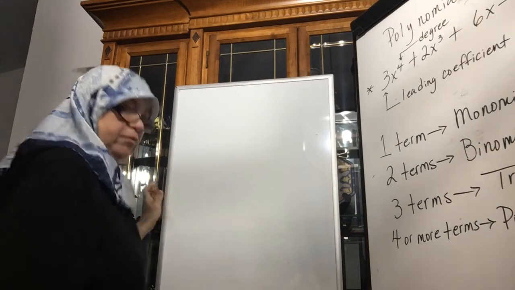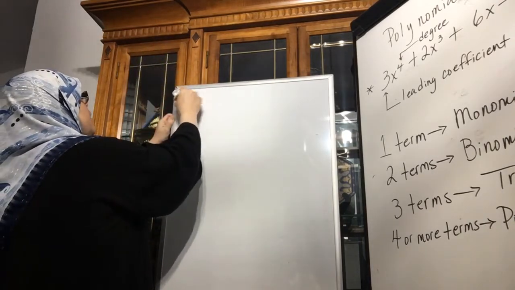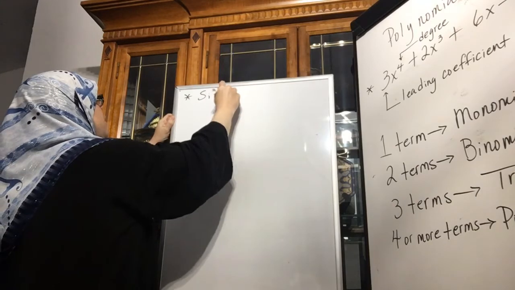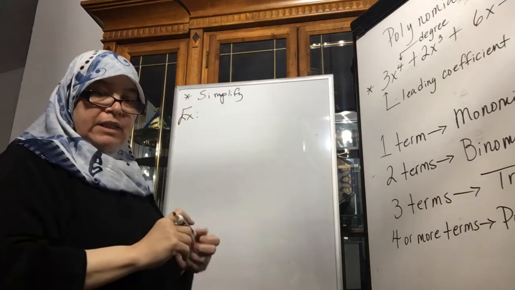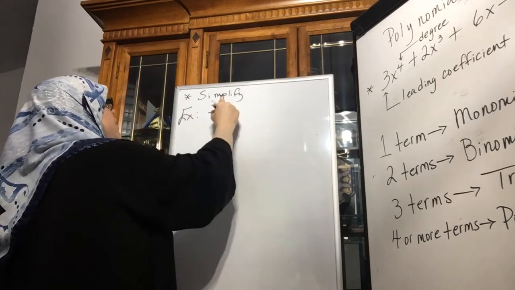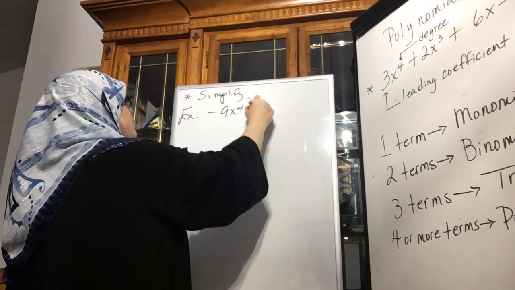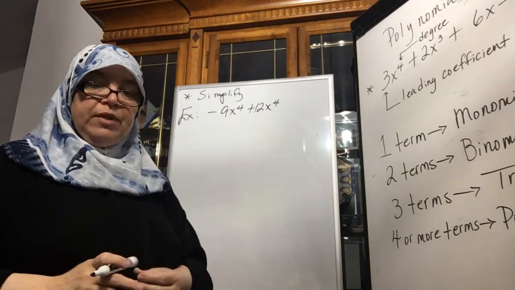Now, let me write the first ones. All right, let's say that we have negative 9x to the 4th plus 12x to the 4th, okay?